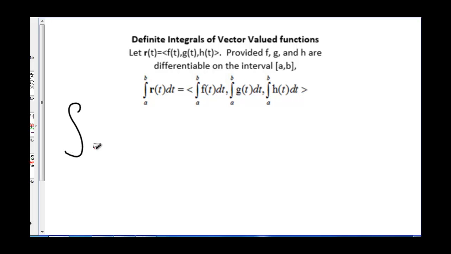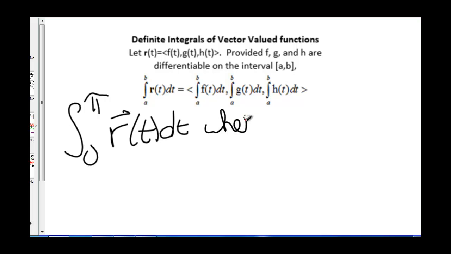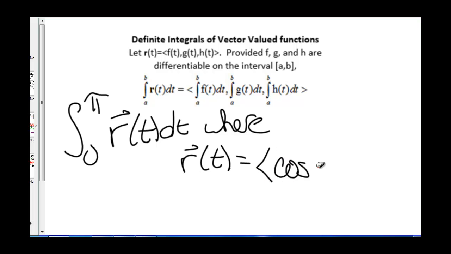Let's say we want to find the integral from 0 to pi of r of t dt, where r of t equals cosine of t, sine of t, 2.